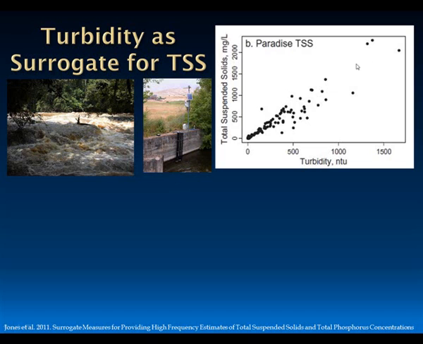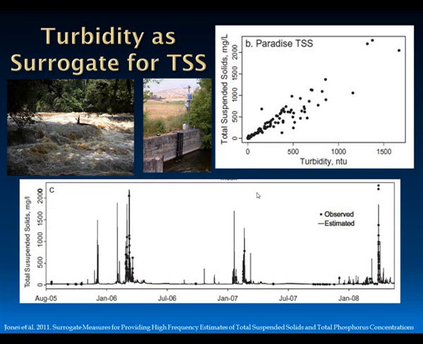And they have built a similar relationship to what we just looked at between turbidity and suspended solids. And so with increasing suspended solids, the turbidity concentration increases, and we can make a regression line here and predict suspended solids based on turbidity. And so this graph shows the total suspended solids through time as estimated by turbidity.